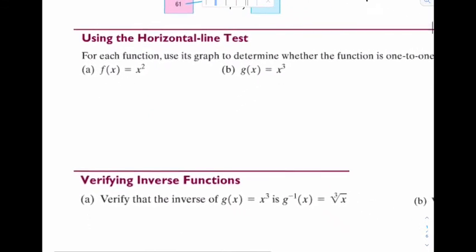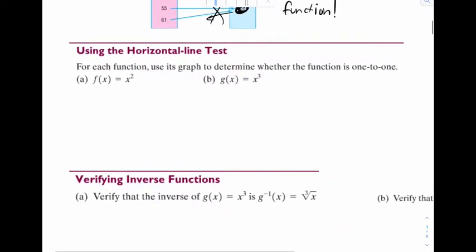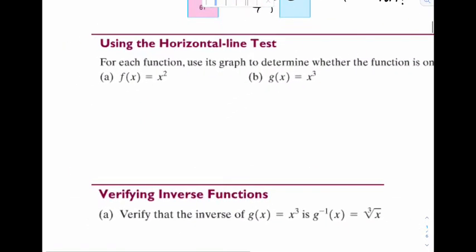So now it says for each graph, use this graph to determine whether the function is one-to-one. So let's think about x squared. Let's just sketch it. That would look something like this. Now graphically what we do is this. We use a horizontal line test. You might recall the vertical line test.